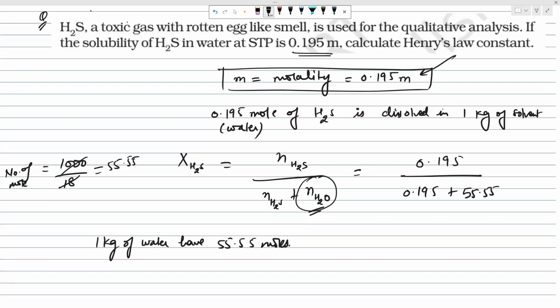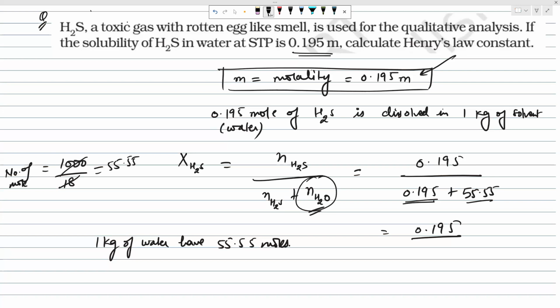So you add this. Sometimes this value is very small as compared to that value, so you can neglect it. But if you try to add, you can add it also. This is 0.195 divided by 55.55 plus 0.195. Otherwise you can neglect it, because when the number of moles of solute is very, very small compared to the number of moles of solvent, we neglect it in the denominator only.